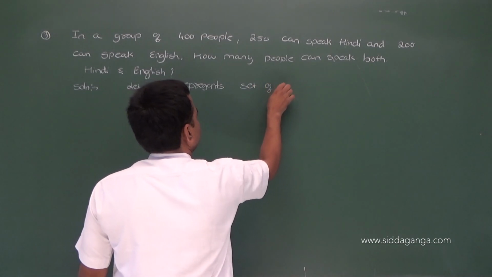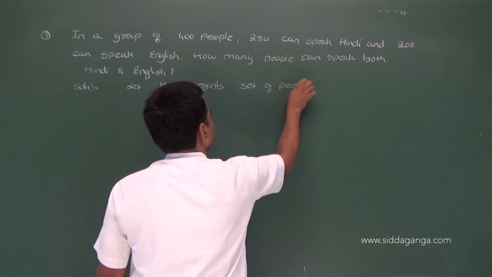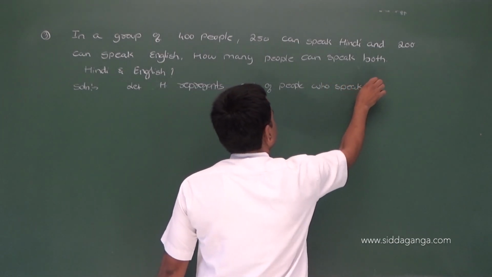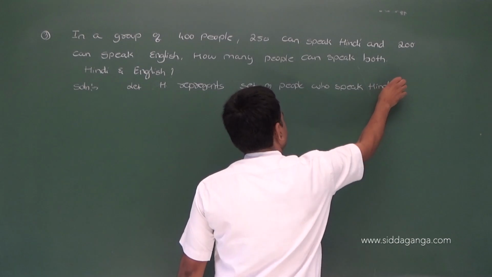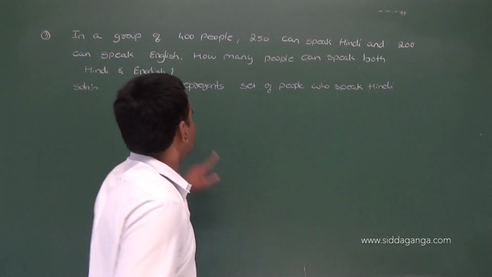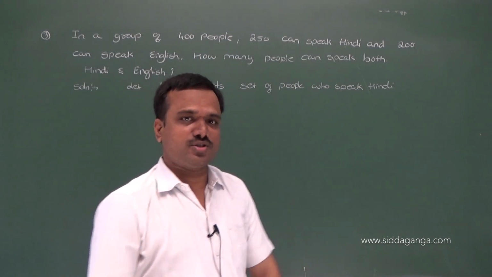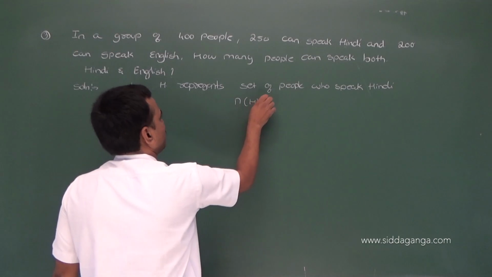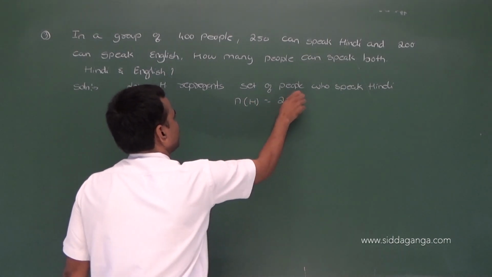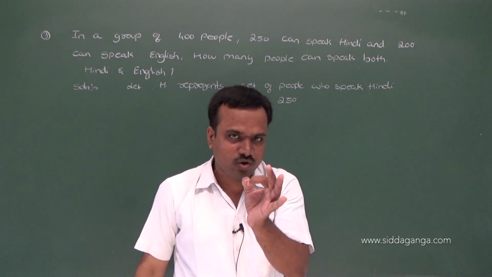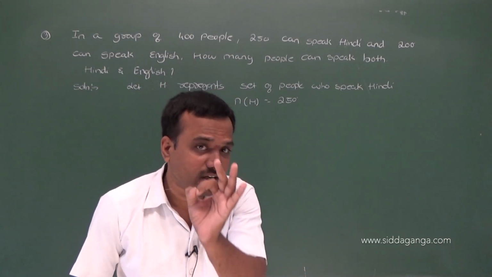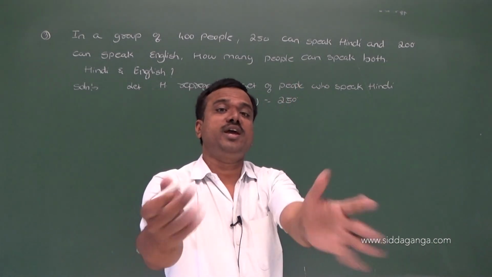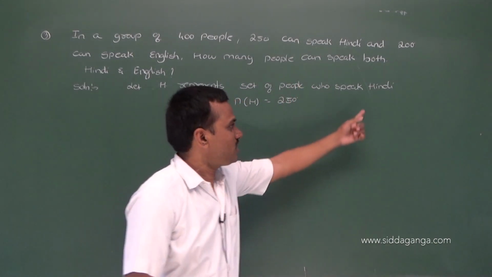Alphabet H is there, that's why I take H. If you want, you can take A also, no problem. Then N of H is given. N of H is 250. Correct? H is the set of people who speak Hindi.